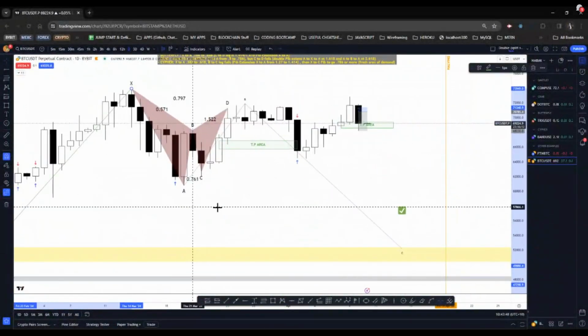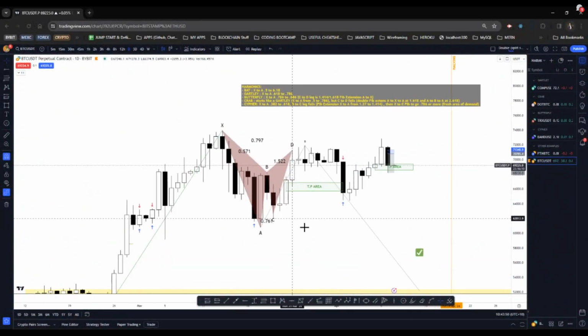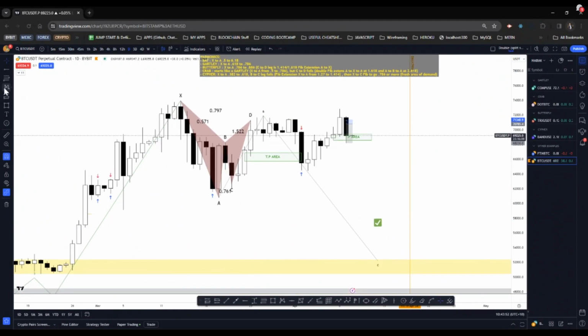So this was a trade of one, and then you can see this on the higher time frame here.